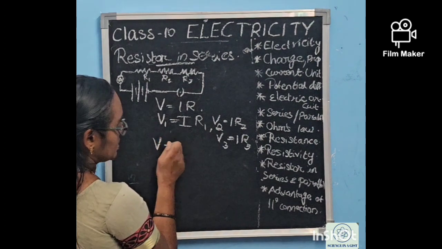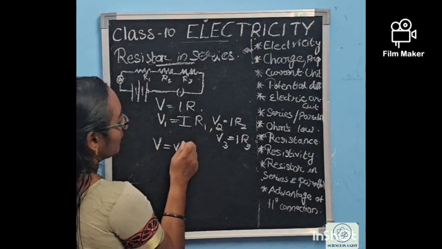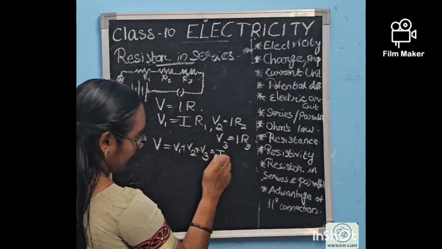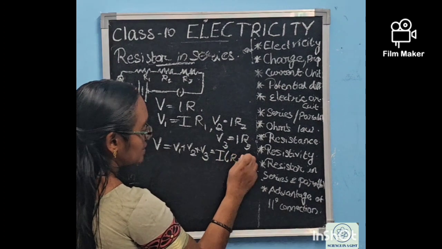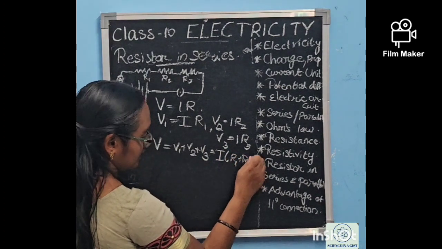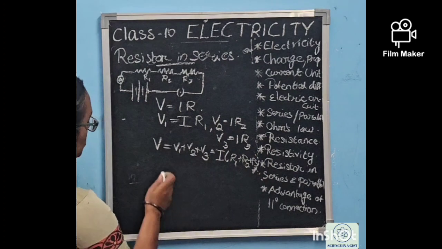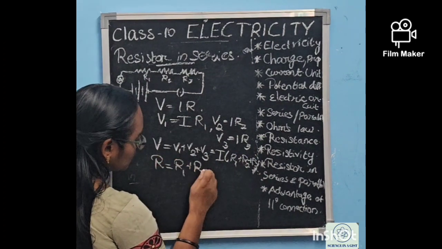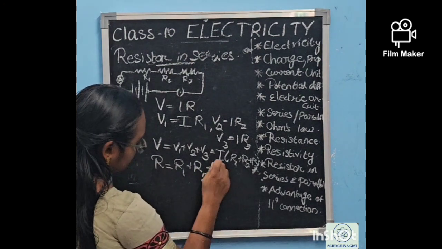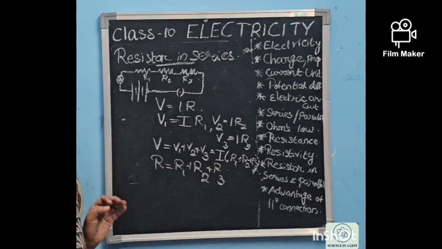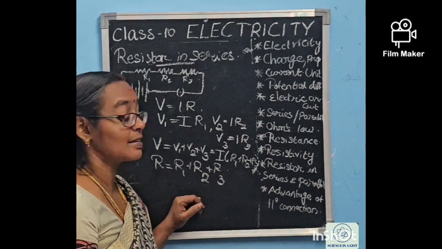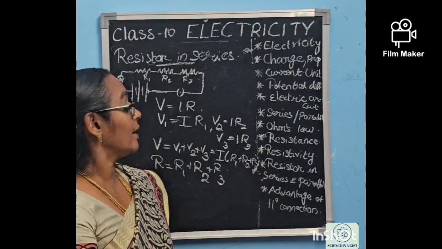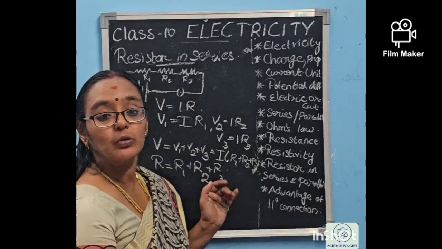So total V is equal to V1 plus V2 plus V3, which is equal to I times R1 plus R2 plus R3. In this manner, R is R1 plus R2 plus R3. We understand that the total resistance is equal to the sum of the individual resistances.